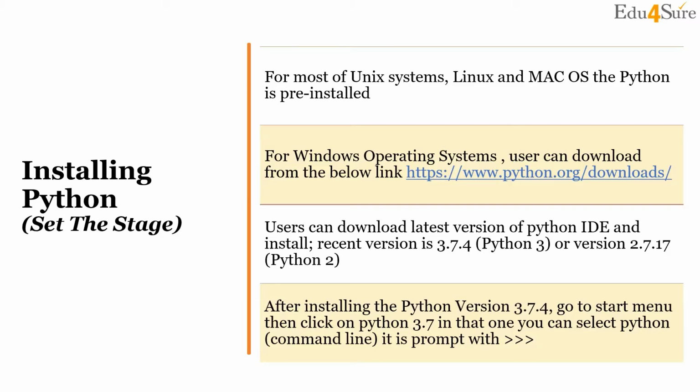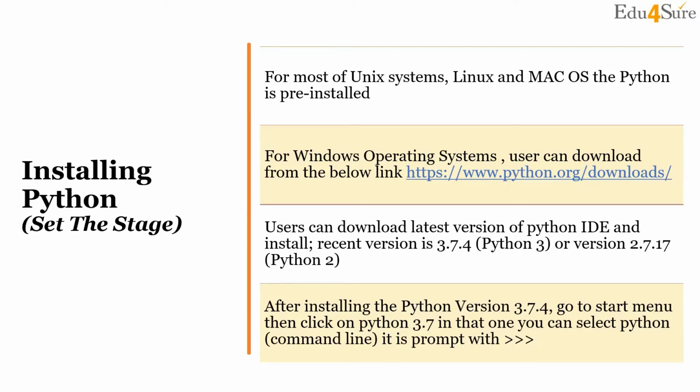Let's say if we talk about 3.7.4, then the first digit 3 specifies that we are trying to install Python 3 only. And if we talk about a version, say 2.7.17, then the first digit 2 specifies that we are talking about Python language version 2.